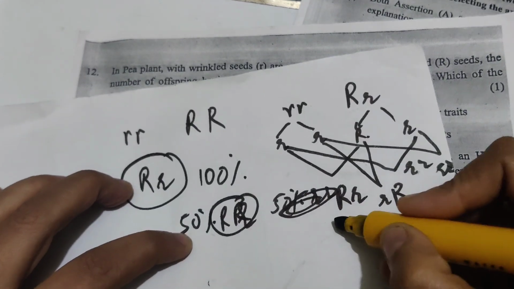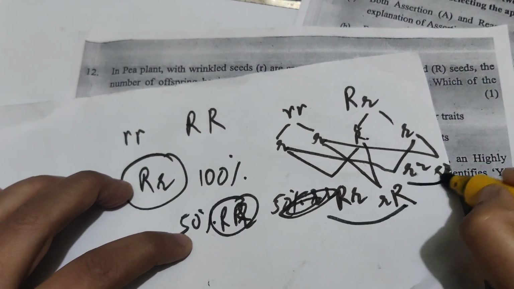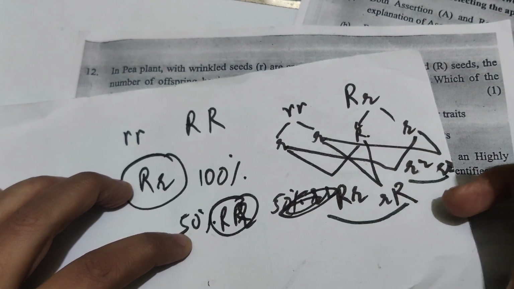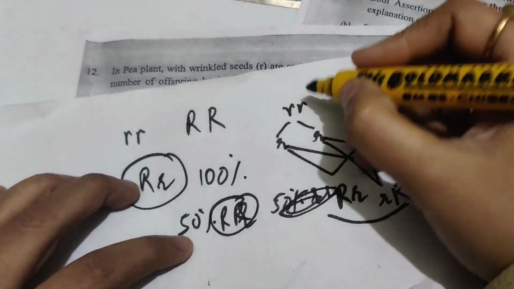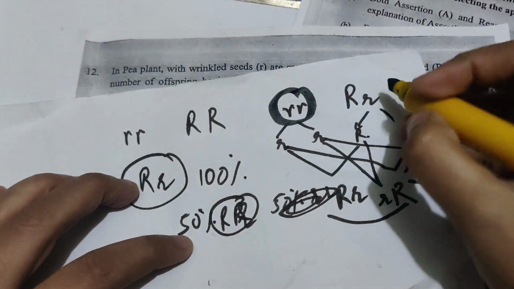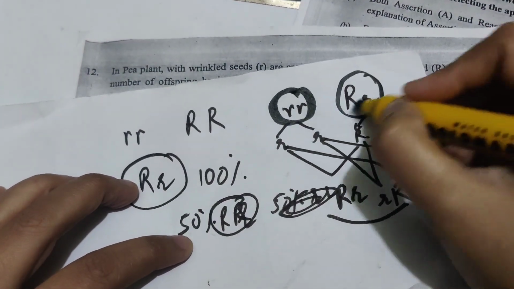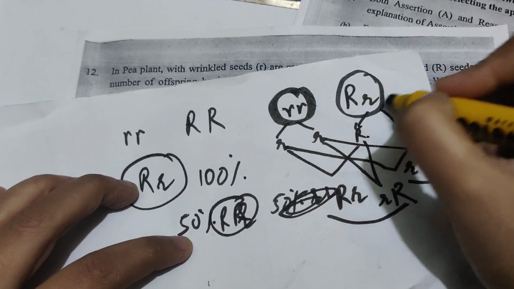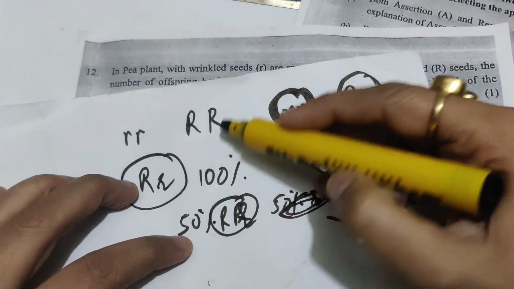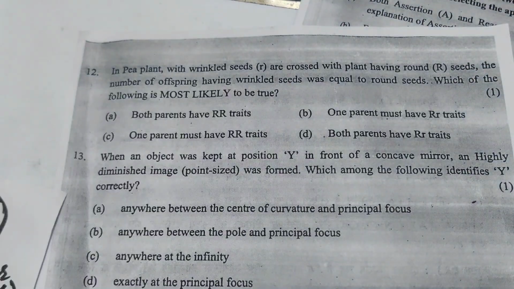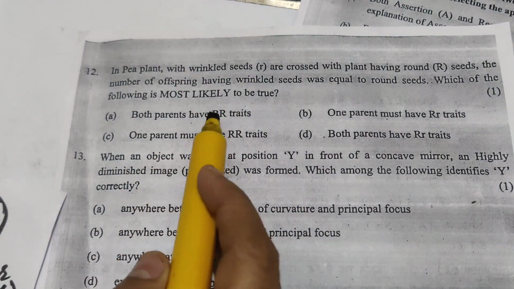So by this we get 50% round and 50% wrinkled seed, and it can only be possible for wrinkled. We have no other option, but for round we have to take this heterozygous allele here, not the homozygous.